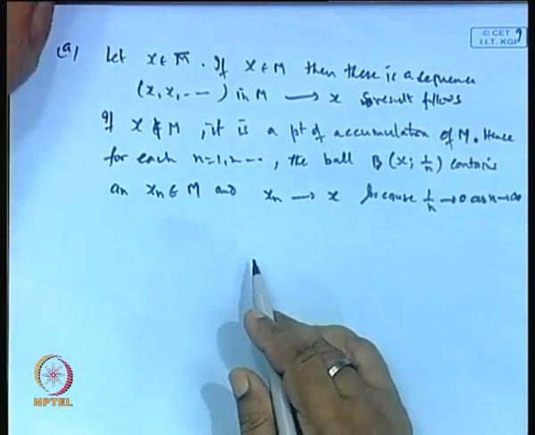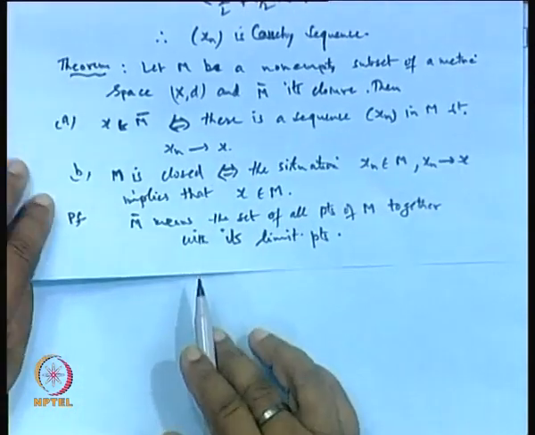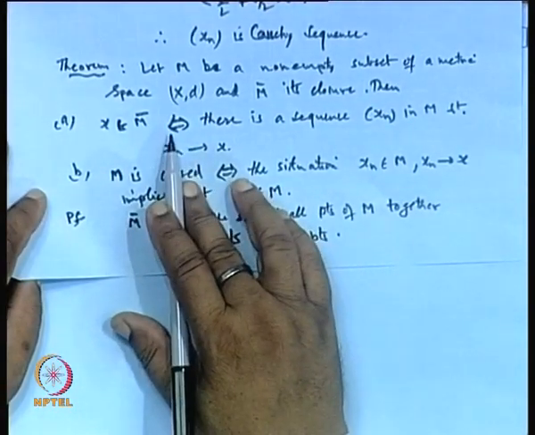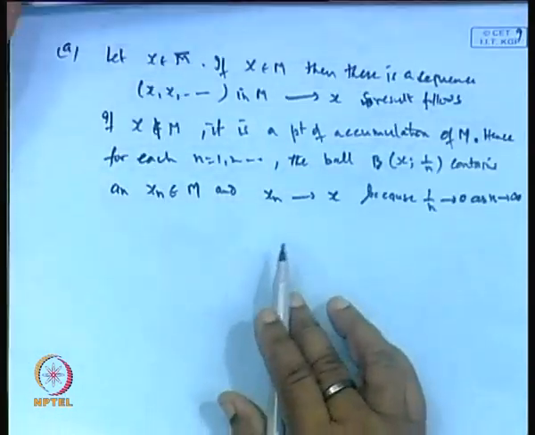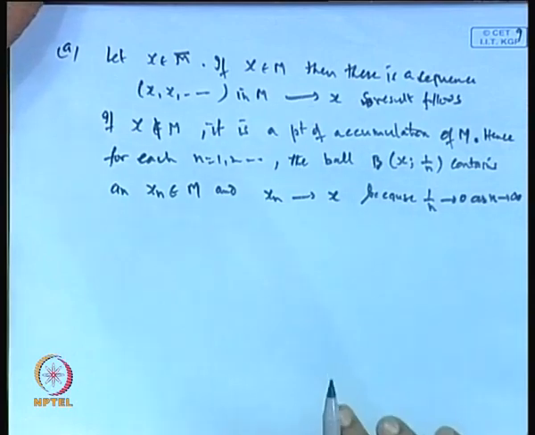So, again the assertion is complete. If x is in M closure, then there will be a sequence x_n in M such that x_n converges to x.